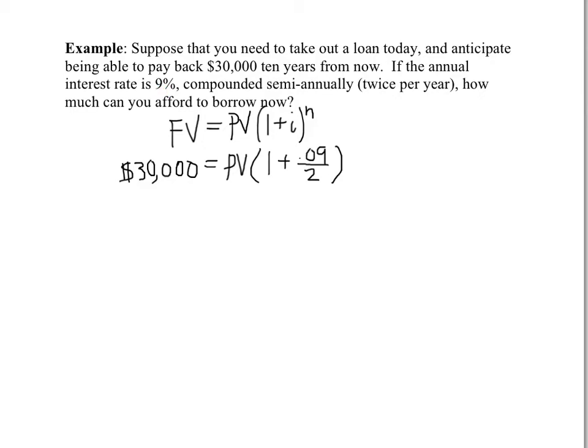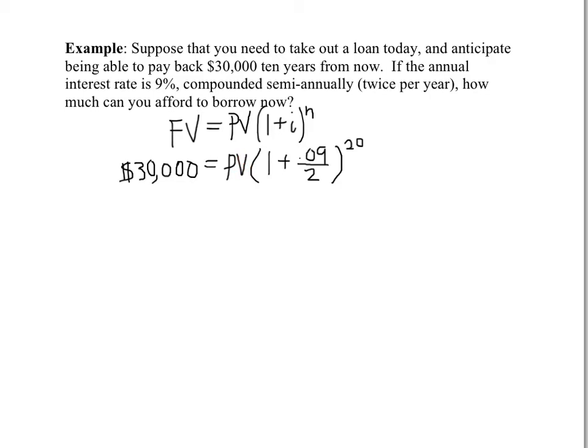Now, how many times does this original debt grow by the semi-annual growth factor? In other words, how many half years are there in which PV is multiplied by that growth factor? Well, over the course of 10 years of being in debt, there are 20 separate growths by this growth factor. So n equals 20.